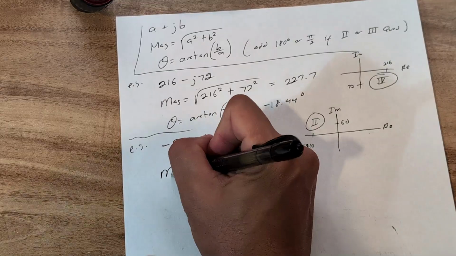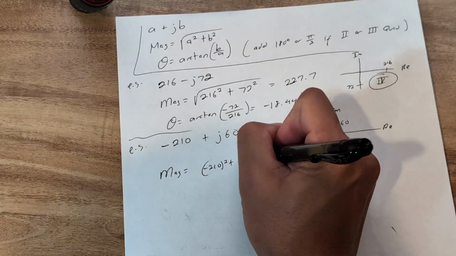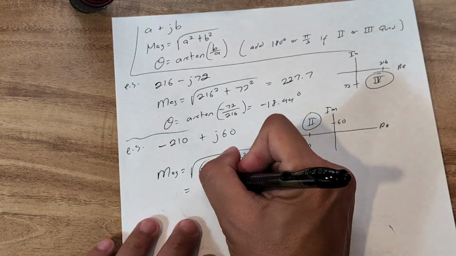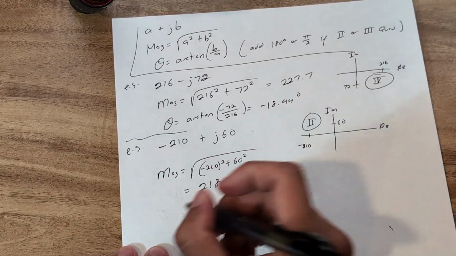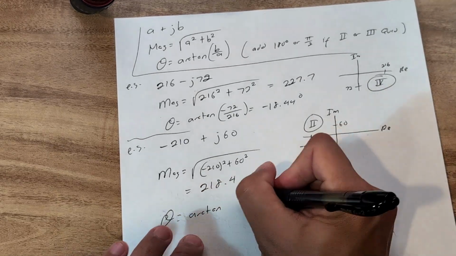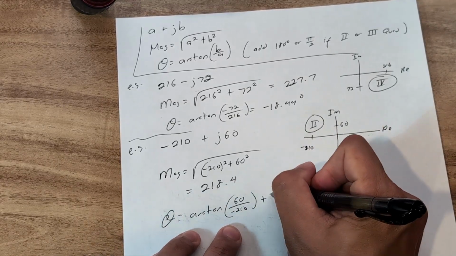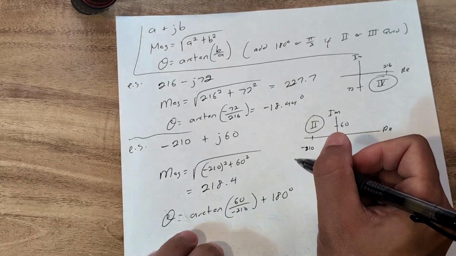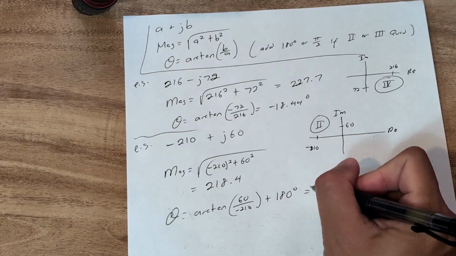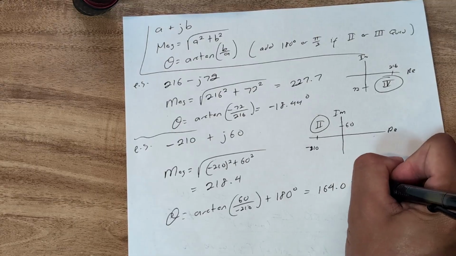But first we'll get the magnitude. The magnitude is the square root of negative 210 squared plus 60 squared, and that's going to equal 218.4. And the angle is arctan of 60 over negative 210, plus, make sure you add 180, or if you're in radians, add pi, since this is in the second quadrant. The answer that we get is 164.05 degrees.